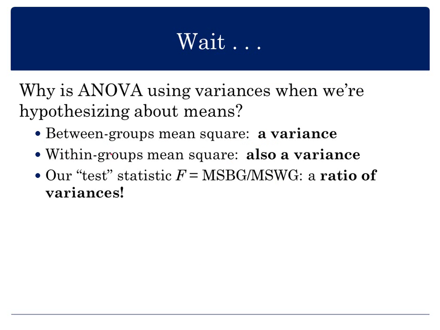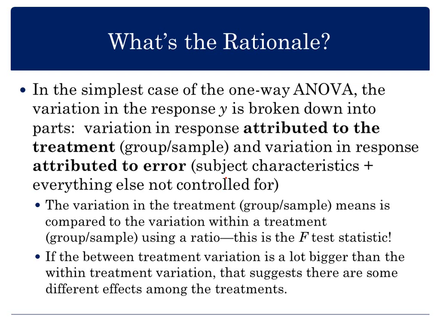We have this within groups or error variance. And our test statistic F is just a relationship between those two things. A variance between groups and a variance within groups. Why would a ratio of variances tell us anything about whether or not we have a difference in mean scores?